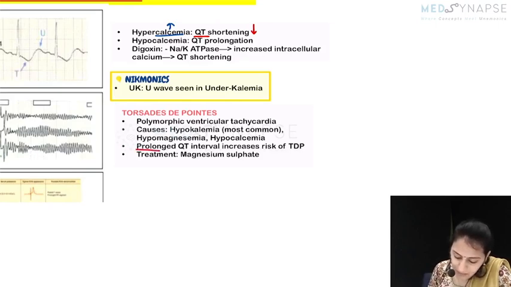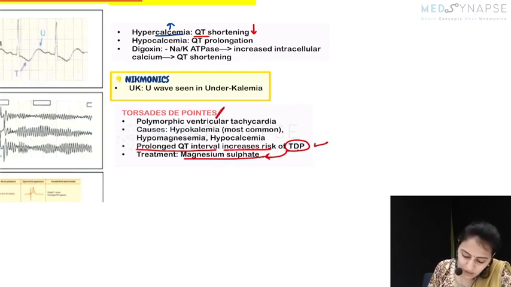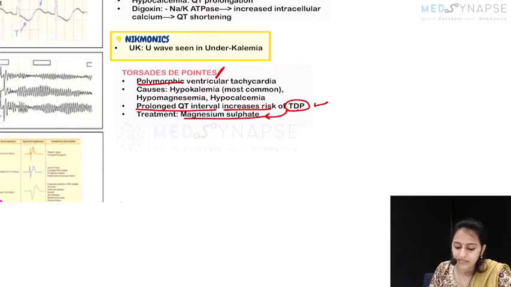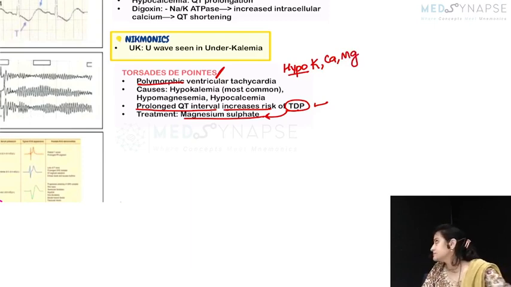And we have seen that prolonged QT interval increases the risk of Torsades de pointes, where the drug of choice is magnesium sulfate. Torsades de pointes is also called polymorphic ventricular tachycardia. The causes are all the hypos: hypokalemia, hypocalcemia, hypomagnesemia.